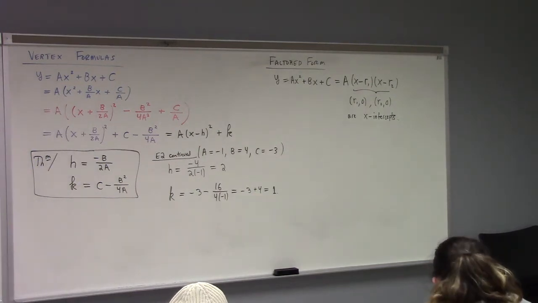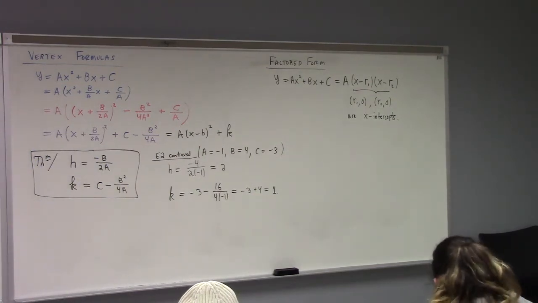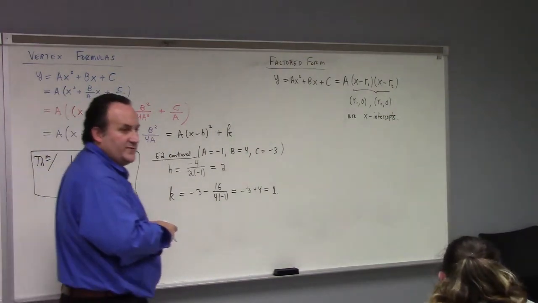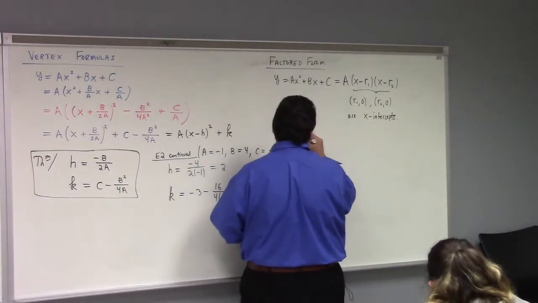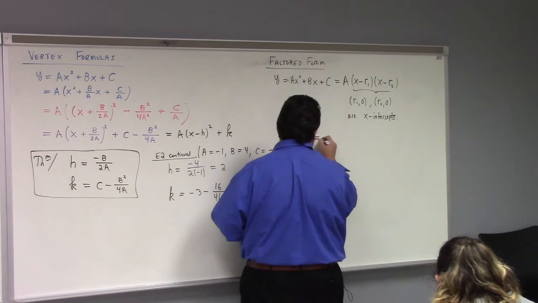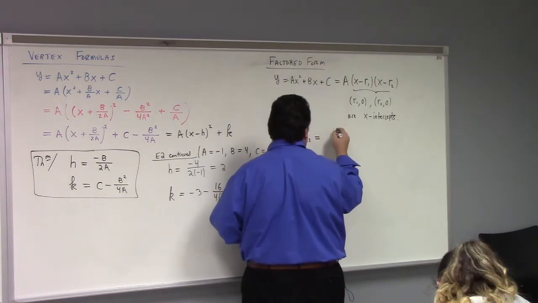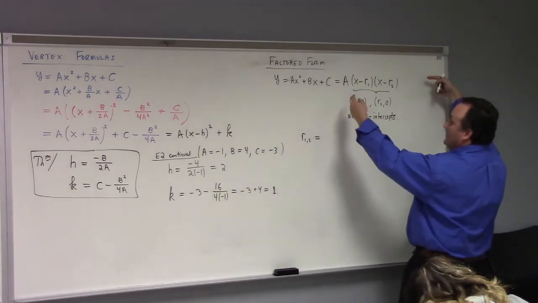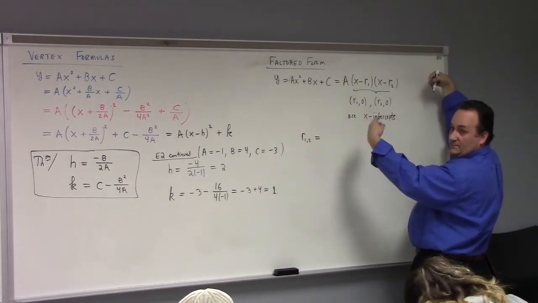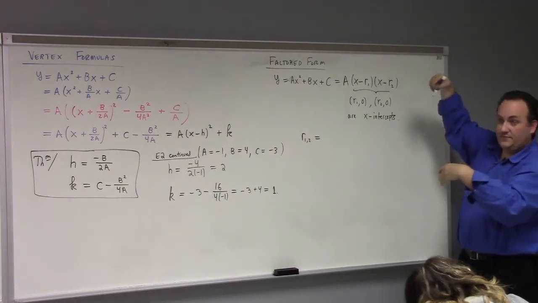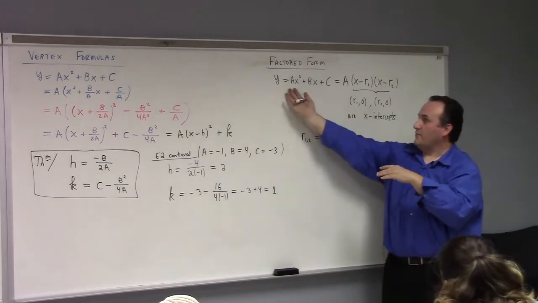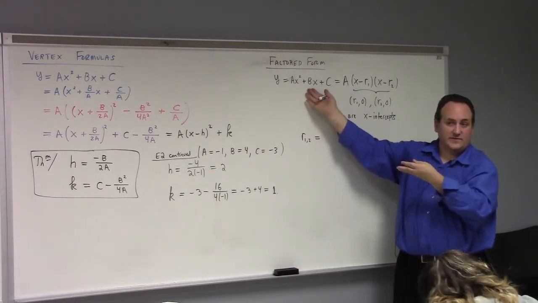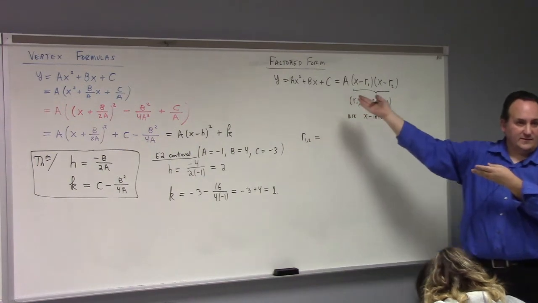What is a formula for the x-intercepts? We already know that, don't we? What's a formula for r1 and r2? Plug in 0 for y. Set it equal to 0. If we put ax squared plus bx plus c equal to 0, that's the quadratic equation.